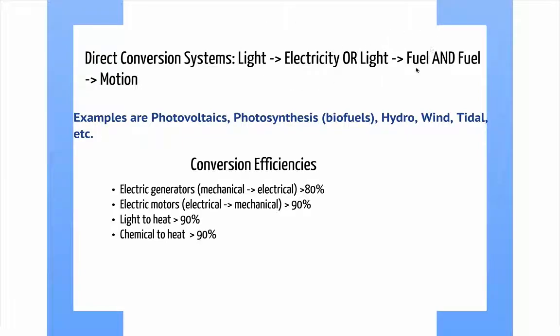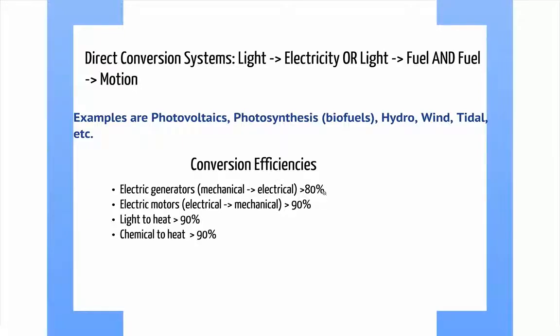You can have light being converted to fuel, which is something like solar fuel generation. Of course, in nature, that's photosynthesis. Or you can have fuel to motion. All of those are different kinds of heat engines, essentially energy conversion systems: photovoltaics, photosynthesis, biofuels, hydro, wind, tidal, etc.